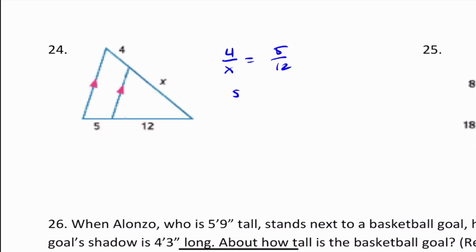Then I cross multiply. And then I get 5x is 48. So x is equal to 48 over 5, or 9.6.